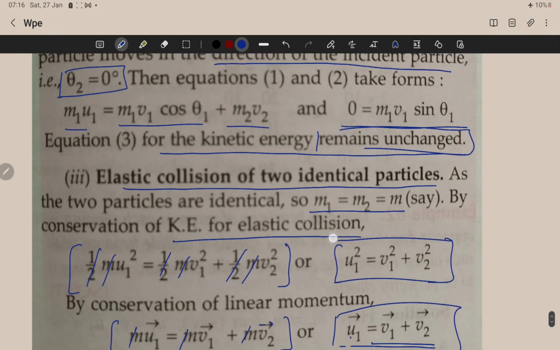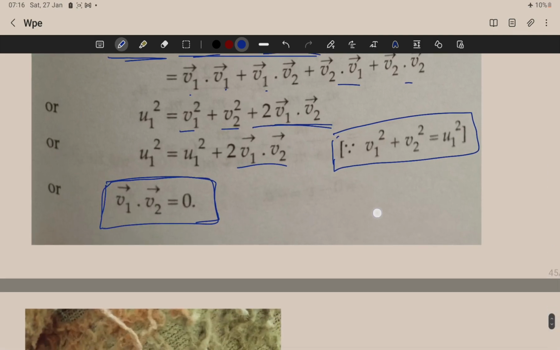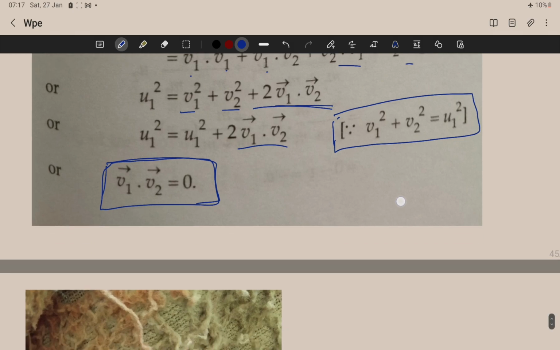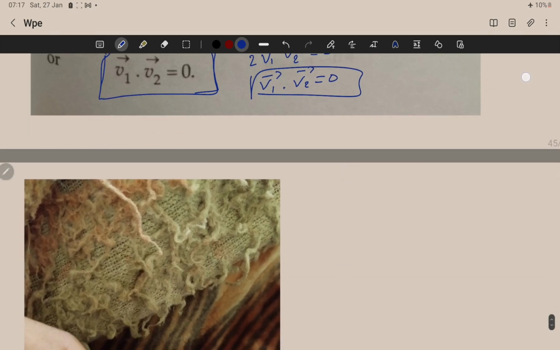That is a thing that you can learn. From here, if we subtract u1 square from both sides, this becomes 0. So 2 v1 vector dot v2 vector = 0. From here we get that v1 vector dot v2 vector is 0.